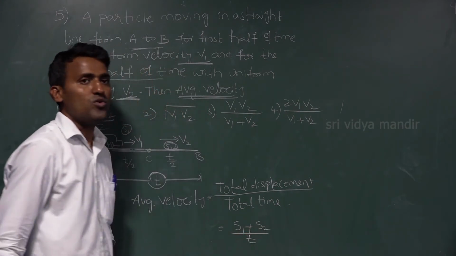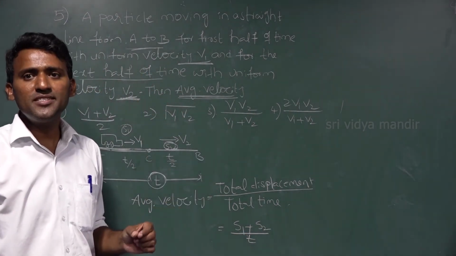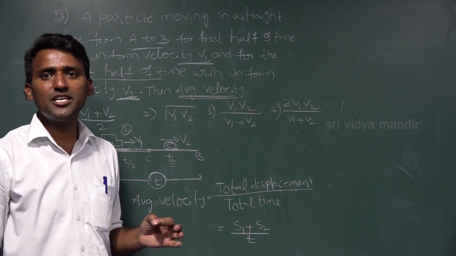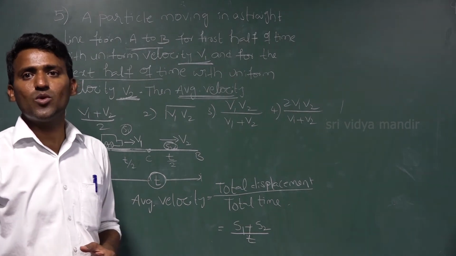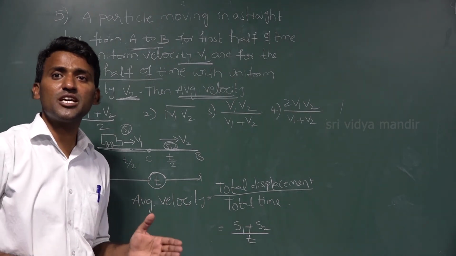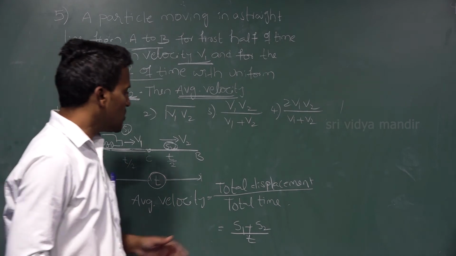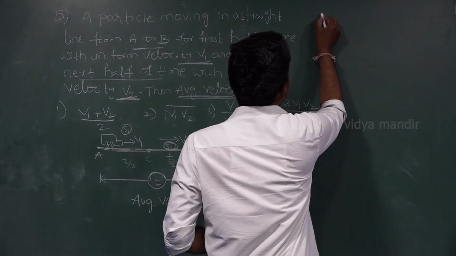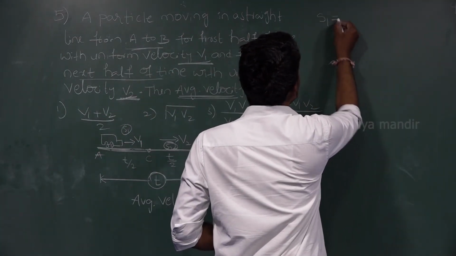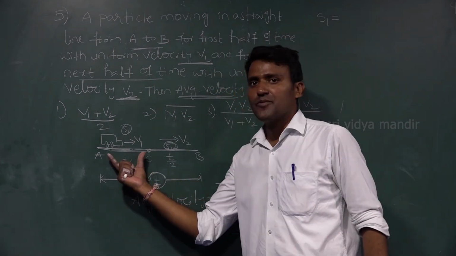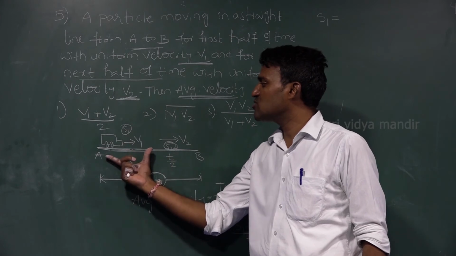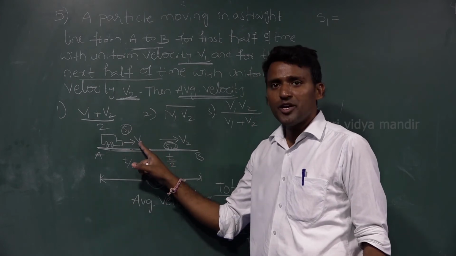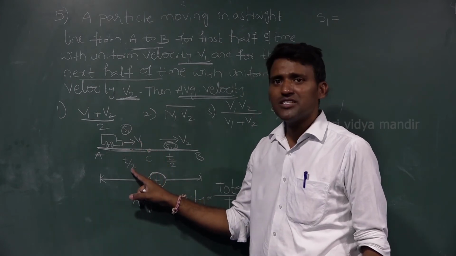Now we know the formula: displacement is equal to velocity into time, and distance is equal to speed into time. So displacement S1 is the displacement covered with a speed v1 in a time interval t by 2.